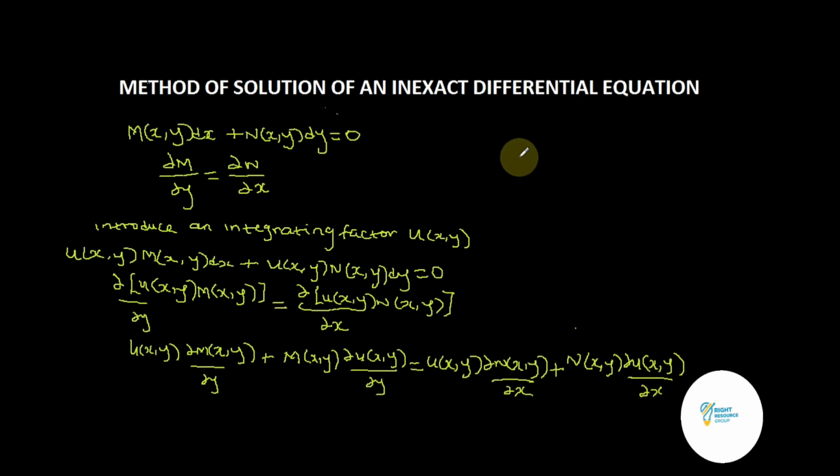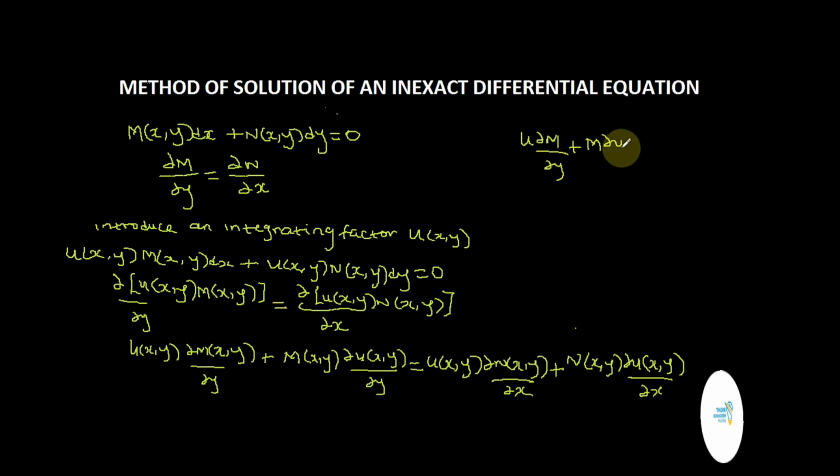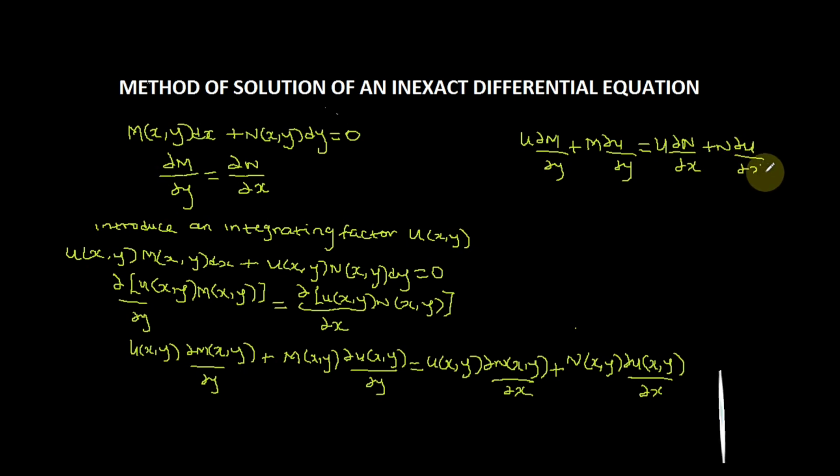We can also write this in this format. We just remove the (x, y), and it looks like this: u ∂M/∂y plus M ∂u/∂y equals u ∂N/∂x plus N ∂u/∂x.